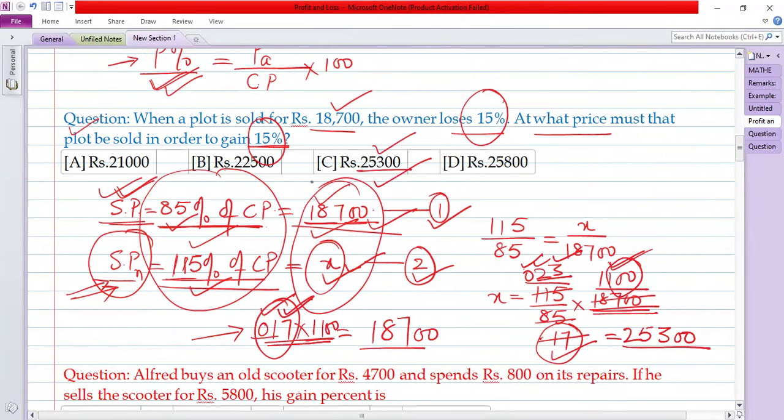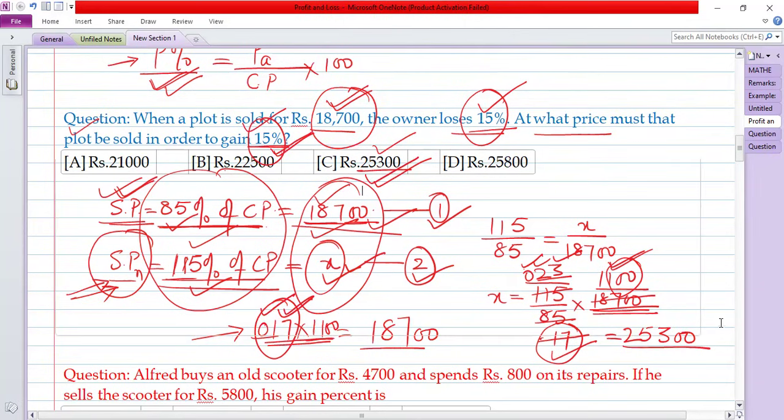It should be the selling price so that we have a gain of 15%. When the plot is sold for this much amount, there was a loss of 15%, and if we need a gain of 15%, then we must sell this plot at this selling price.